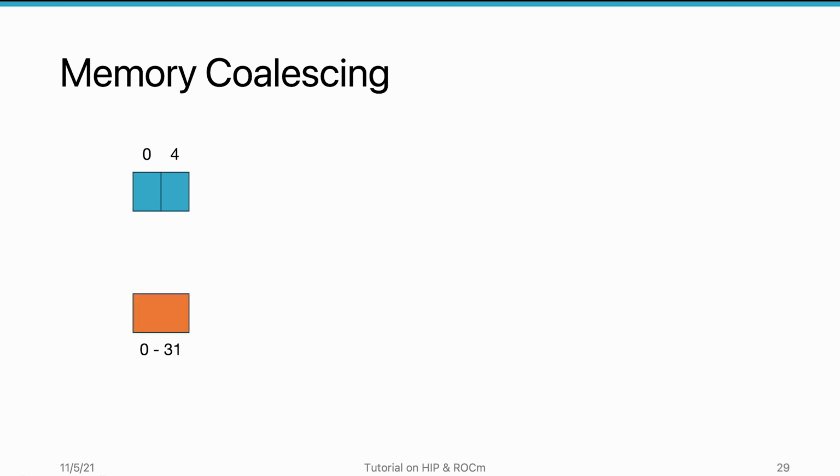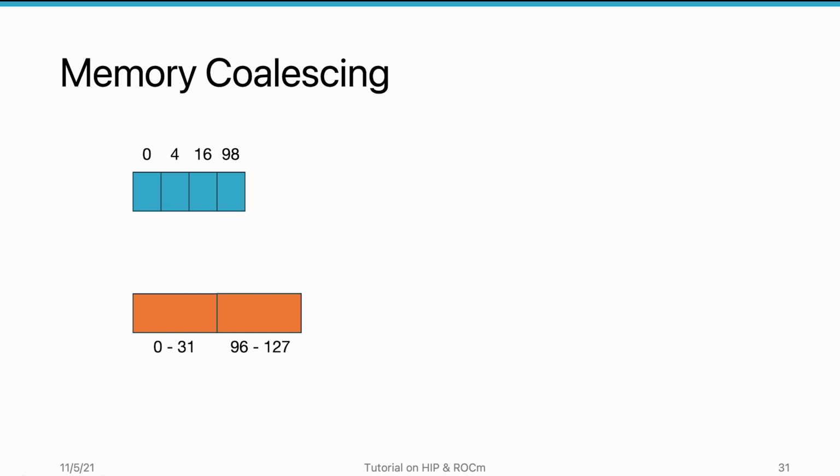We only send one memory transaction that is fetching data from 0 to 31, although we only need 8 bytes of data. And then if the third thread is accessing address 16, we do not need to add any extra memory transaction. The address range 0 to 31 still covers address 16. But if the next one wants to access address 98, we need to bring in a new cache line.